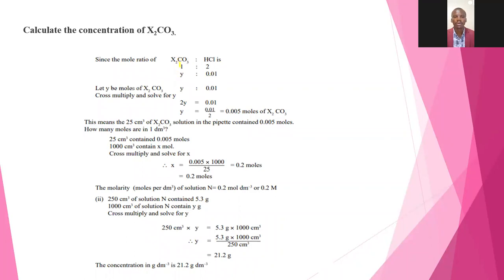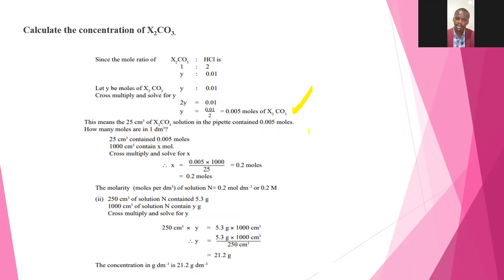If 2 is equal to 0.01 moles, then 1 will be equivalent to 1 times this divided by 2 to get 0.005 moles of X carbonate. From there, we can get the concentration in moles per liter or moles per dm cubed.